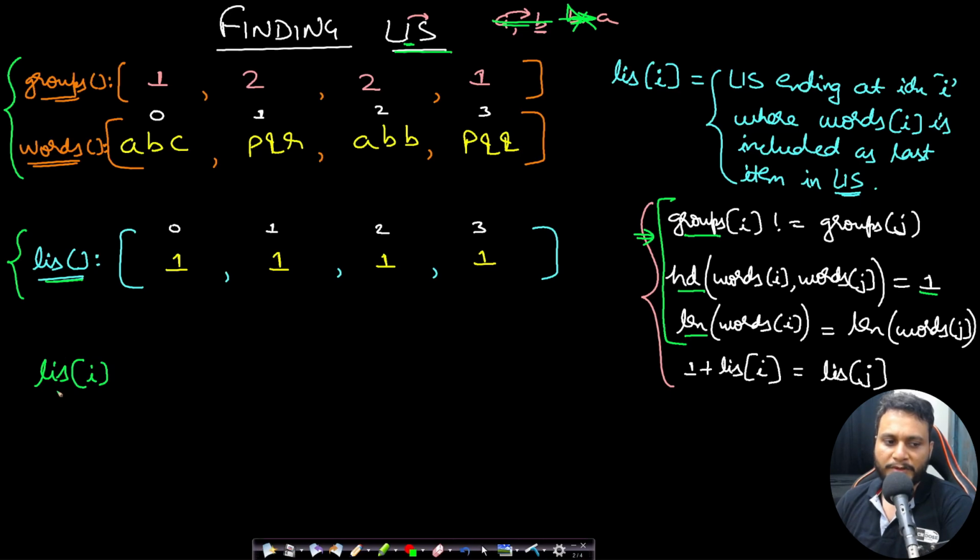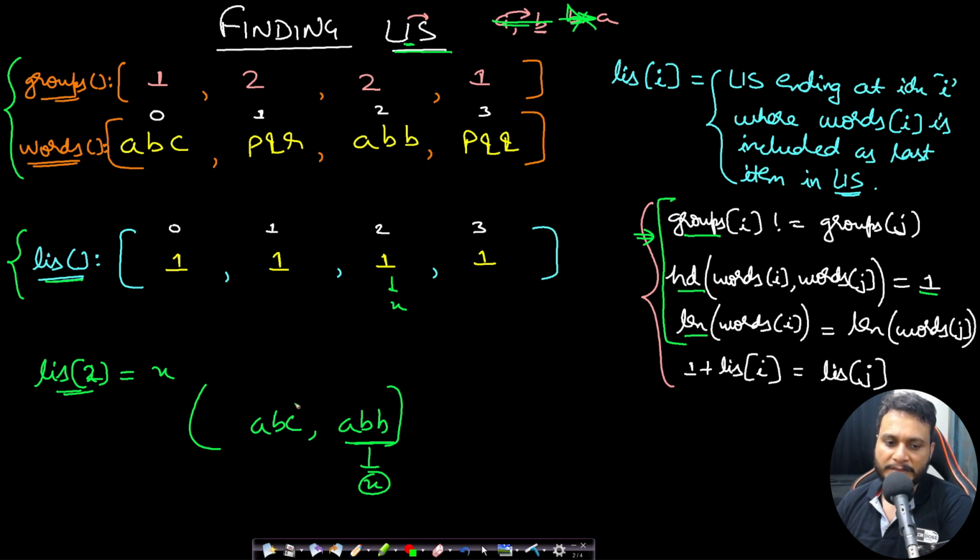Now I have to consider if I write LIS at I equals to x. Like, let's say if I write LIS at 2 is equal to x in the final subsequence, then this means that if I had included this second item, which is ABB, as the last item in the LIS, then what will be the final length? The final length will be x. So in this particular problem, you will have only ABC on the left hand side.